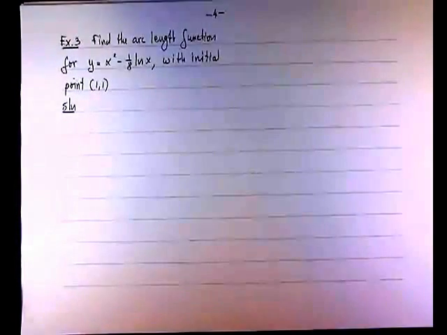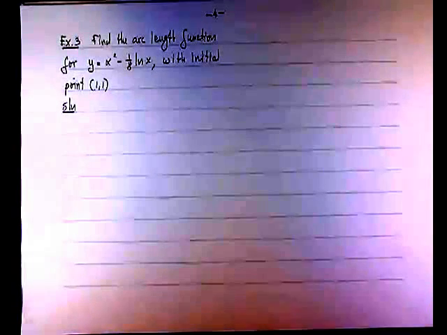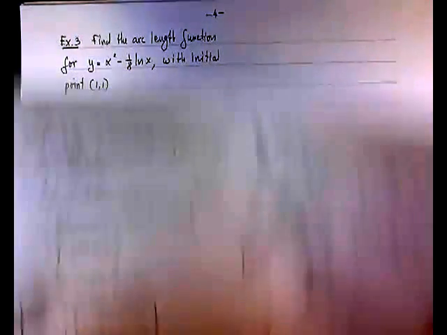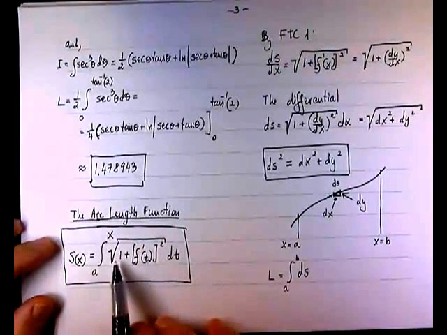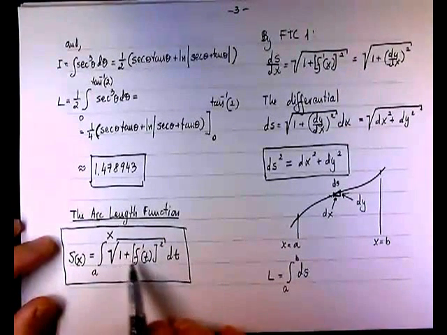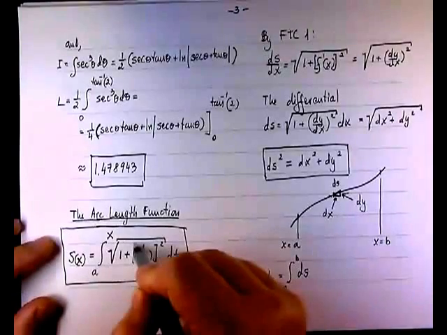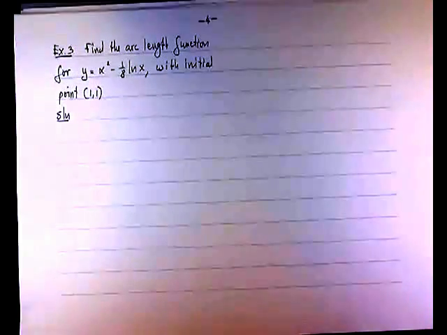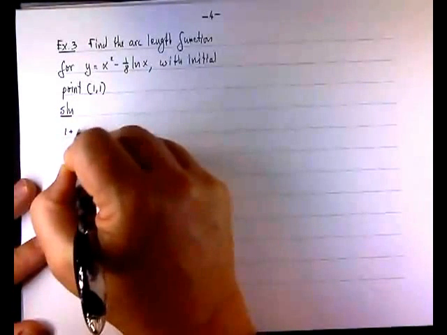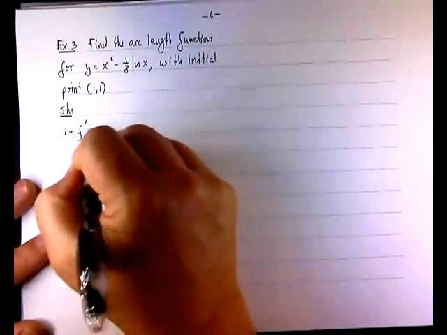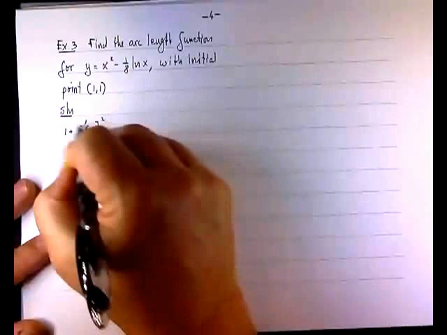We know that, looking at the previous page, the arc length function has the radical, and inside the radical I have 1 plus the square of the derivative. So let's find the derivative, square it, and add 1 to it. What is 1 plus f prime squared?